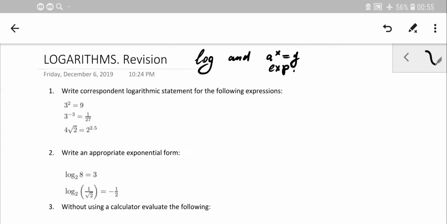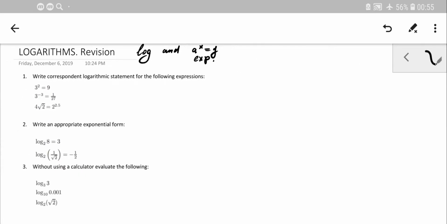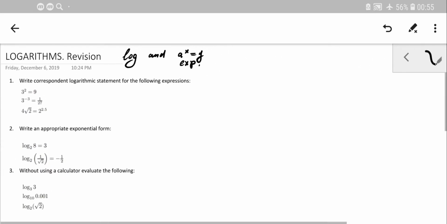Okay, so I just zoom out for you to go through on your own. That's 3 exercises. The questions are: from the exponent form, write the corresponding logarithmic statement, and vice versa.